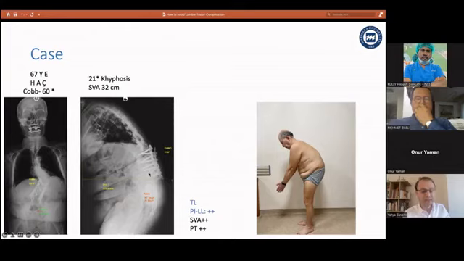The second thing is the level is in the thoracolumbar junction, and so in this patient we see pullout here at T12, and there is a high cervical vertical axis, 32 centimeters, and there is a kyphotic posture and he can't walk.